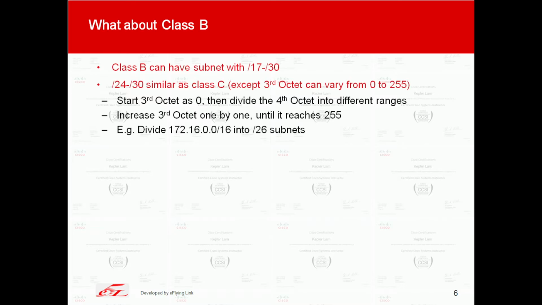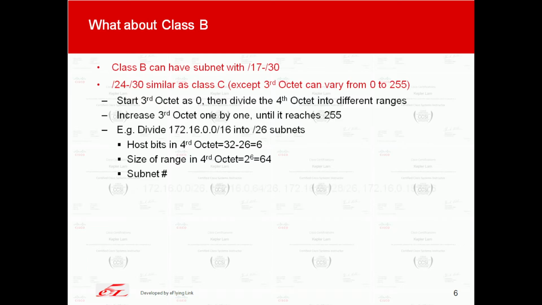For /26, we find out the size of the range first. So the number of host bits is 6, and then the range size is 2 to the power 6, which is 64. Then we start with 0 in the third octet, and then we increase 64 each time in the fourth octet.